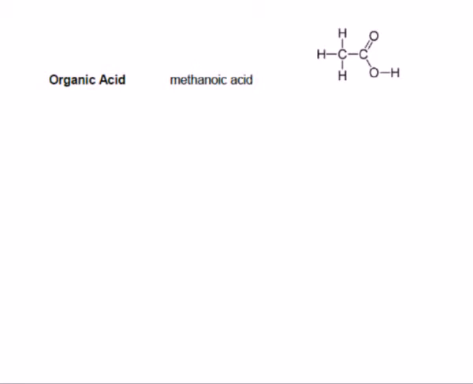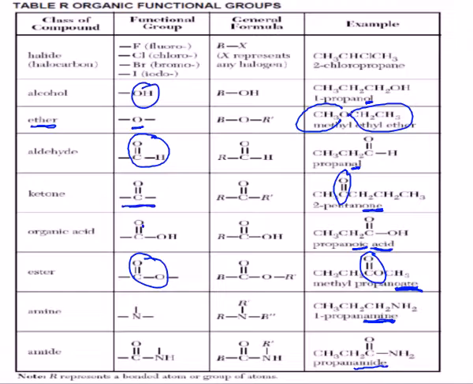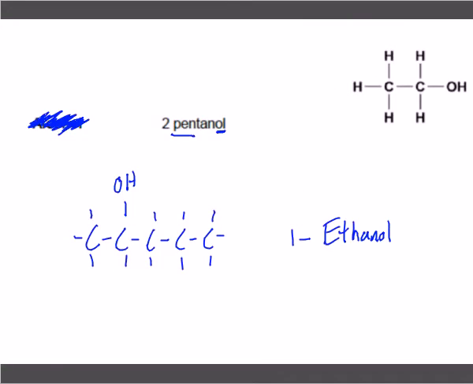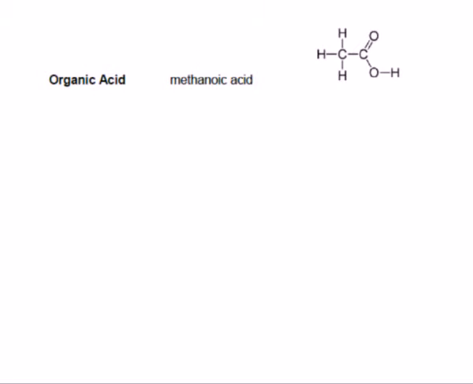Organic acid. Take a look on Table R. If we have an acid, is that terminal or within? It's terminal. So that means this whole big functional group, guys, is coming on the end of whatever it is. So draw your chain first, and then put that functional group on the end. Well, methanoic acid is how many carbons? 1.